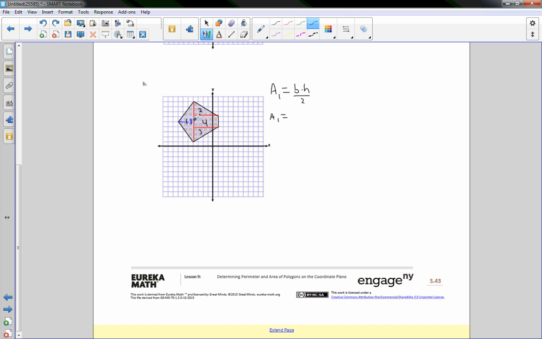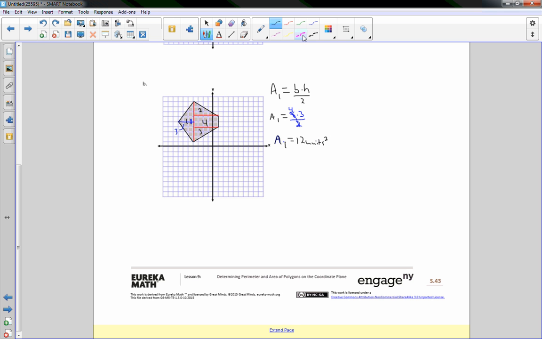And a height would have to go right down the middle here, and that's 1, 2, 3. So the height is 3, and the base is 8. So that would be 8 times 3 divided by 2. And I'm going to reduce first and make that a 4. So the area of 1 is 12 units squared.